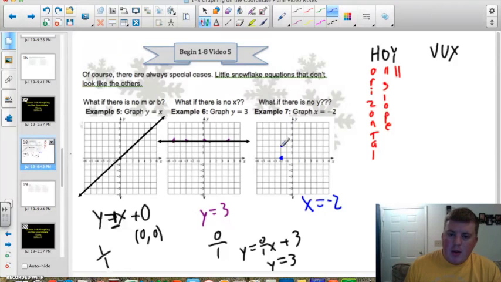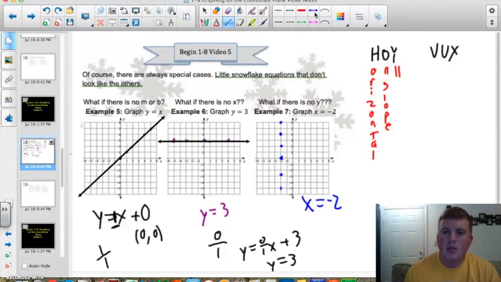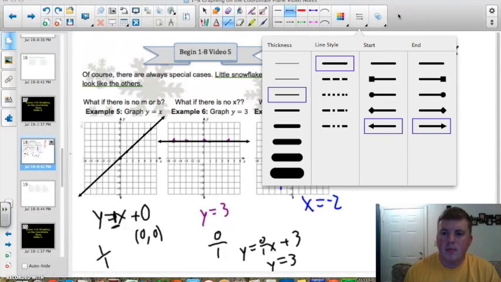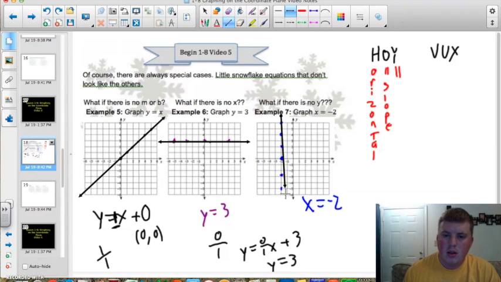If I keep going to the left in different places, that is going to form a straight vertical line. It's going to be up and down instead of left and right. So when I draw this line in, it is going to look something like this.